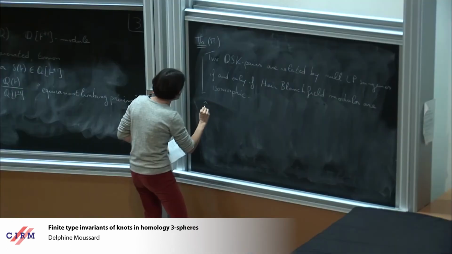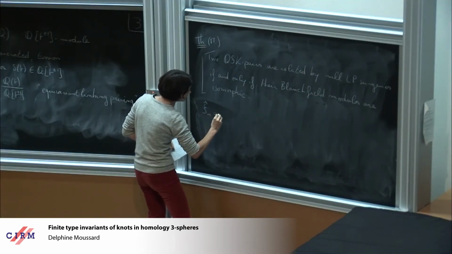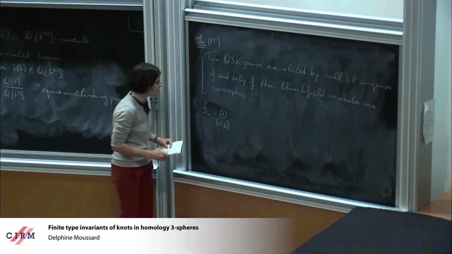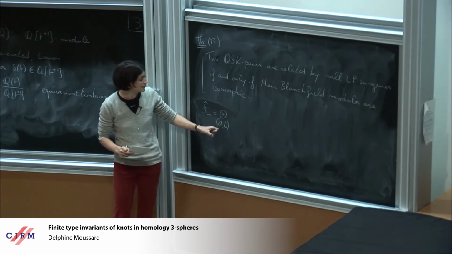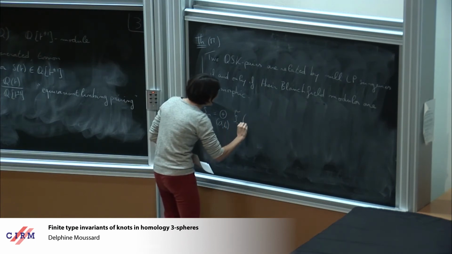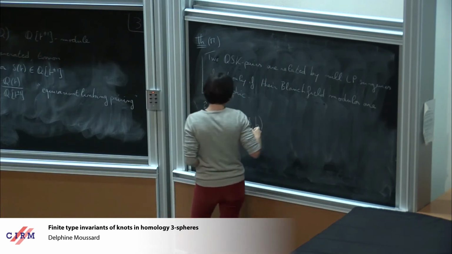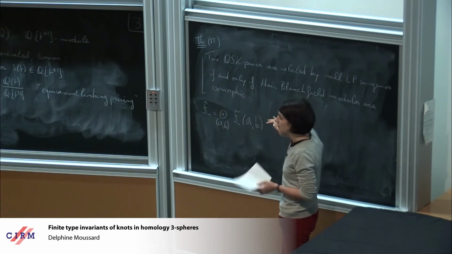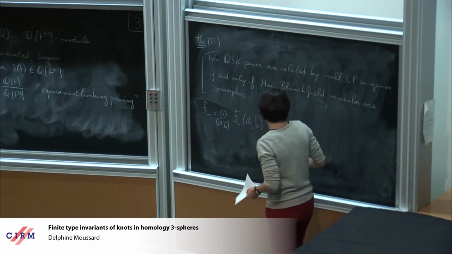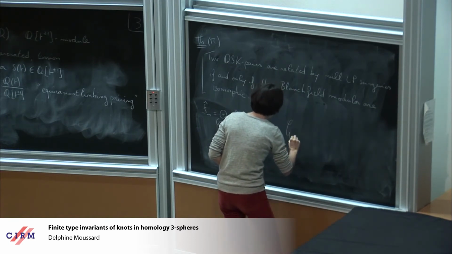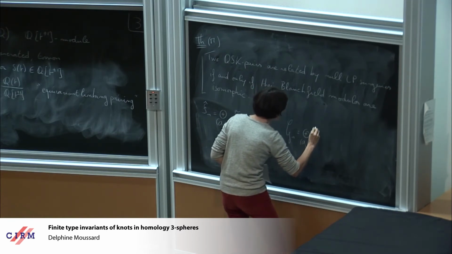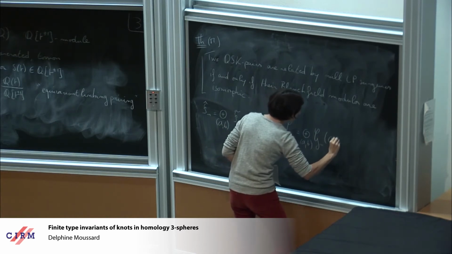We see that the space F_n splits as the direct sum, over all possible isomorphism classes of Blanchard modules, of some spaces F_n(A, B) that are defined as previously, but restricting to QSK pairs that have this Blanchard module. And so the splitting is also valid for the quotients G_n.